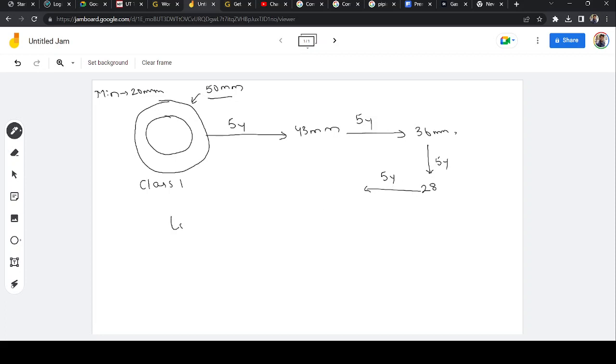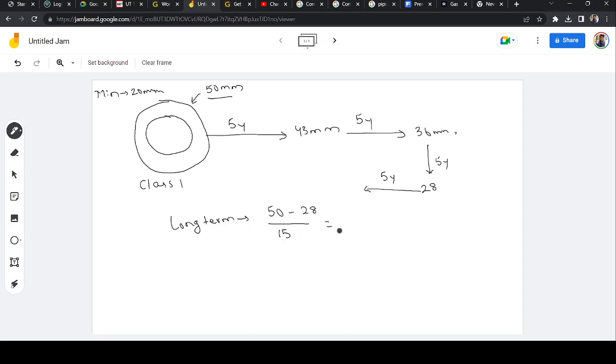So the long-term corrosion rate is T original minus T actual. So T original is 50 mm, T actual is 28 mm, and divided by how many years have passed. So in this case, 15 years have passed.